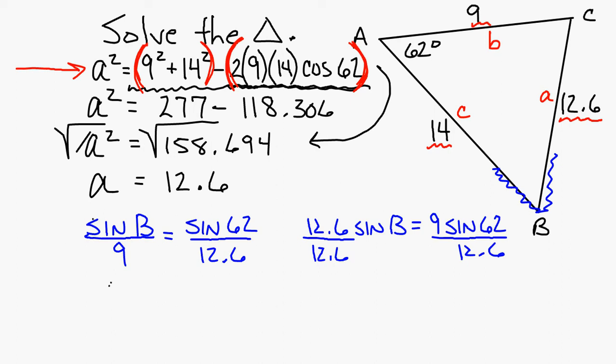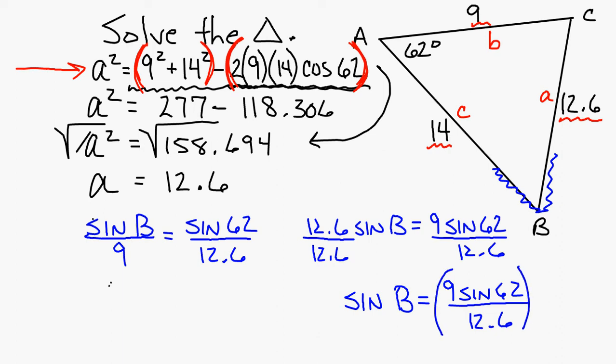the sine of B equals 9 sine 62 divided by 12.6. Doesn't this value in parentheses of sine inverse give you the angle measure?